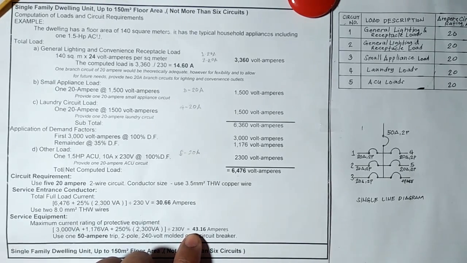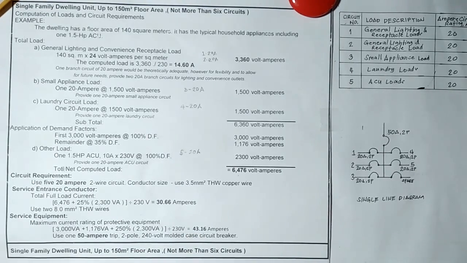So to get our circuit breaker rating, we will again use the code. So we will always refer to our codes para po hindi po tayo malito. So we will again use the codes. I'll show you.